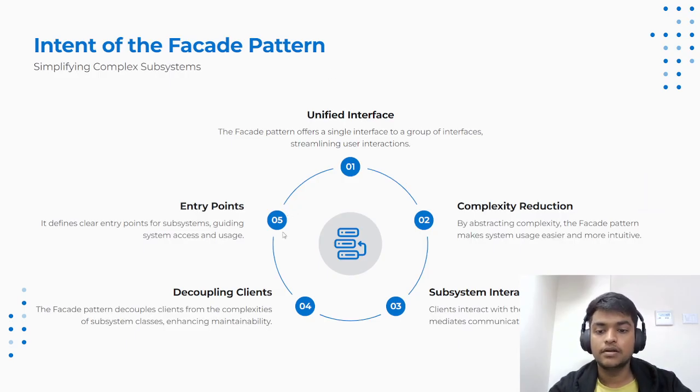Intent of this pattern. The facade pattern is invaluable when it comes to reducing complexity. In large-scale applications such as enterprise software, multiple subsystems handle different tasks like database management, security, and user interface. For instance, consider an inventory management system.